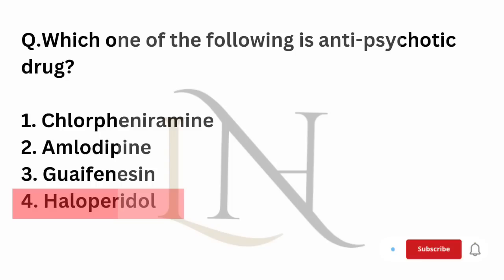Antipsychotic drugs cause extrapyramidal symptoms: akathisia, dystonia, pseudo-Parkinsonism and tardive dyskinesia. Move to next MCQ.